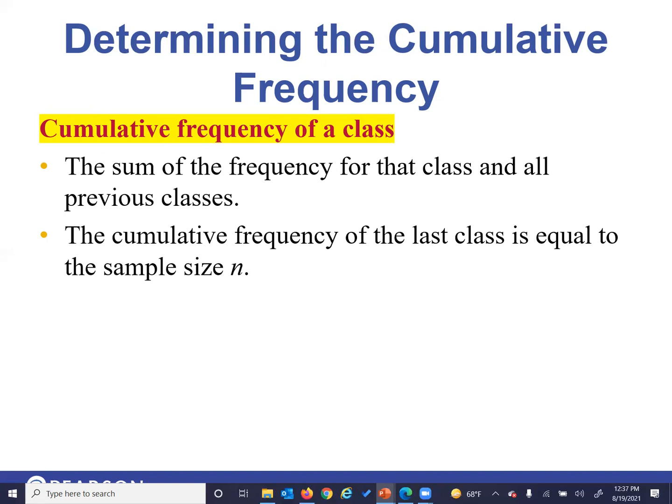You just need to figure out why that's happening. This cumulative frequency, you just add up from the previous class. So at the end, the size n should equal how much you have total.